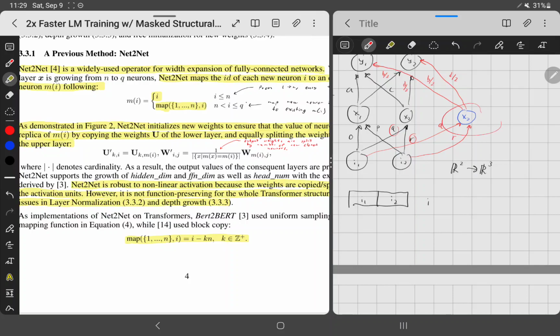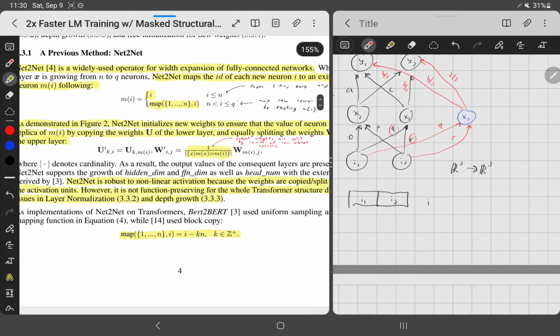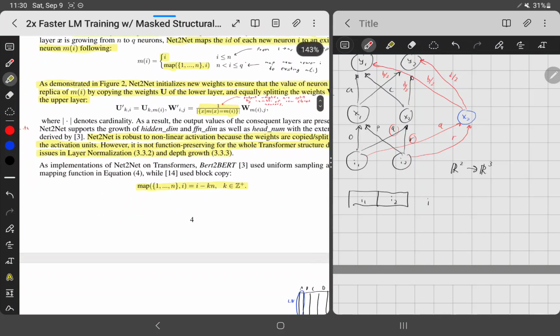So in this case, we mapped the new neuron, the new addition, to x2, but we could have mapped it to x1 and it would have been equivalent. And you just divide the weights by the number of instances of that. So in this case, it was 2, but if we had a third, maybe we would just divide it by 3. This method is pretty obvious.